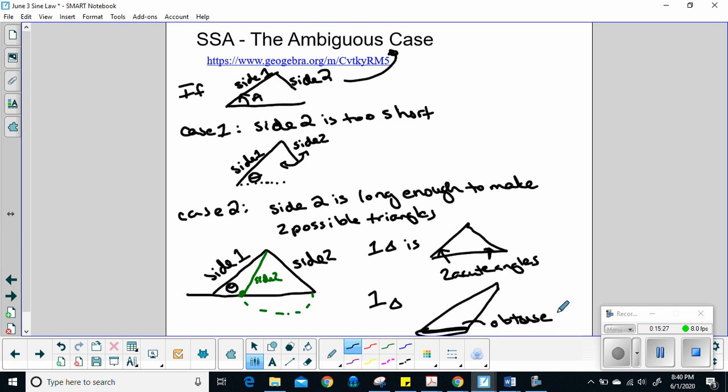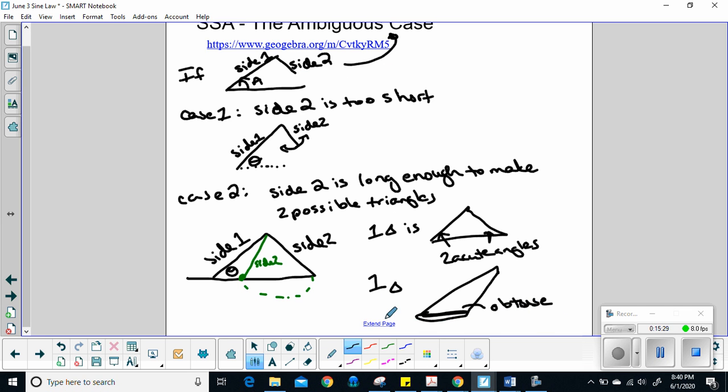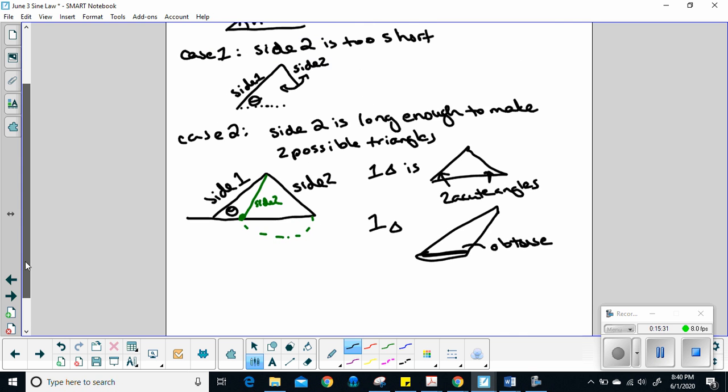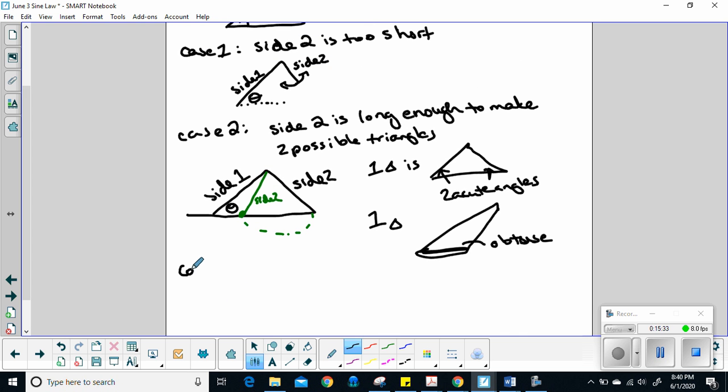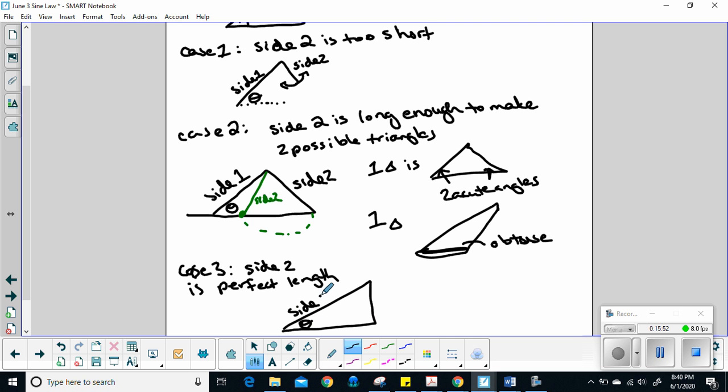Okay, and then last but not least, we have case 3: if side 2 is just exactly the perfect length, it makes a right angle triangle. So I got my angle, I have side 1, and side 2 drops straight down and makes a right angle triangle.